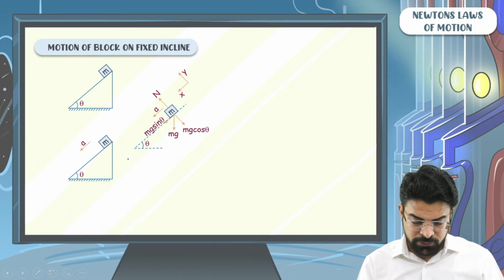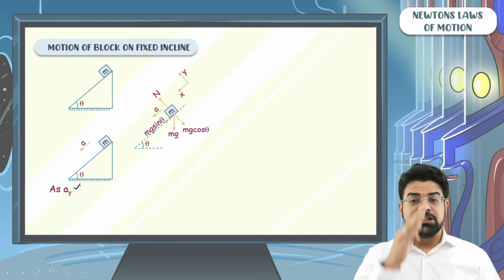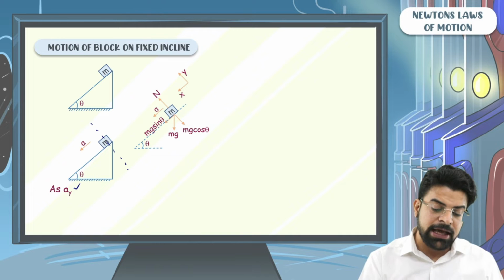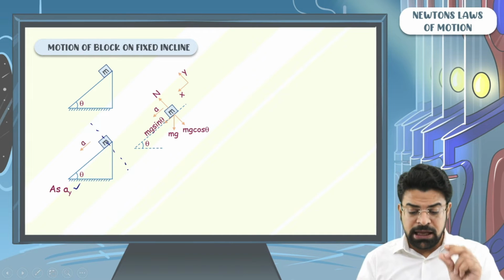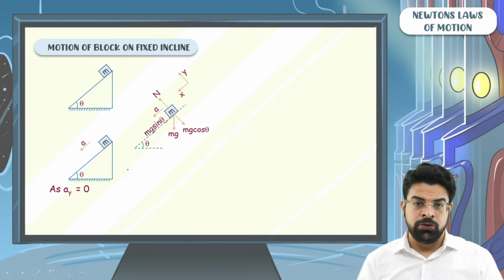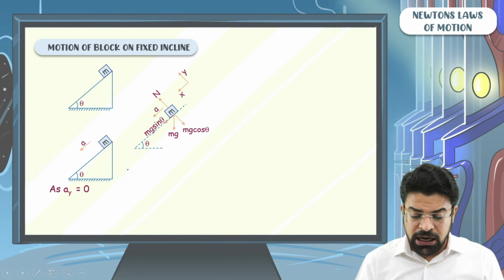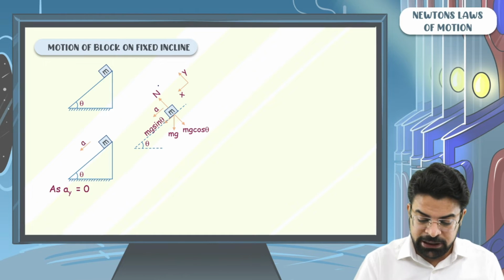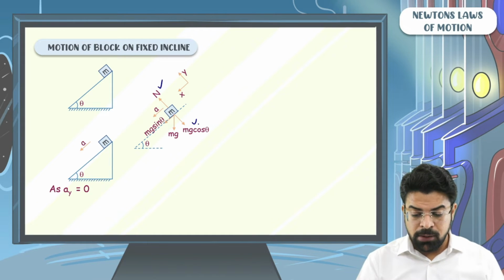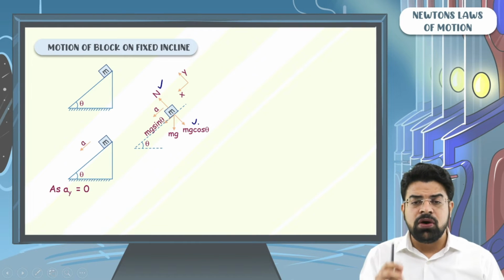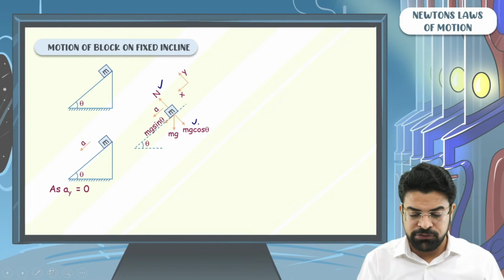So the acceleration in the y direction is 0, and the net force in the y direction should be 0. Which are the forces acting in the y direction? The normal and the component of the force of gravity. If the net force in the y direction has to be 0, as there is no acceleration in the y direction, we can say the force of normal will be equal to mg cos theta.